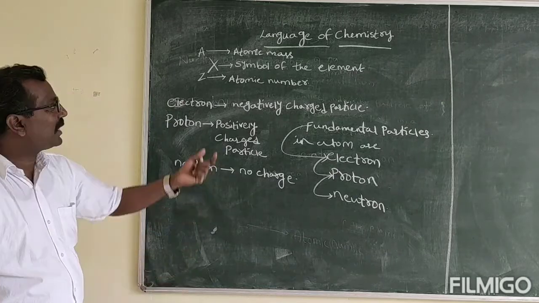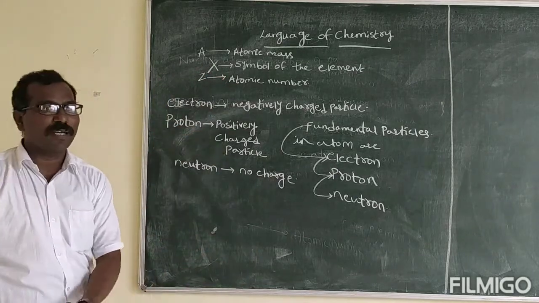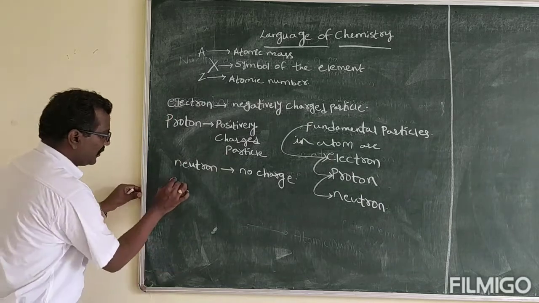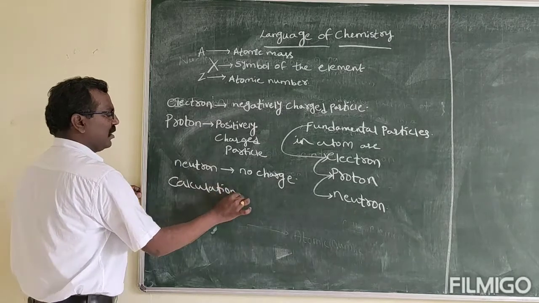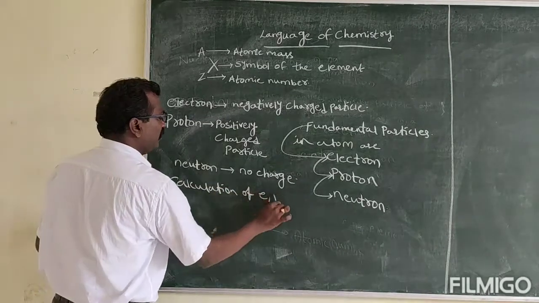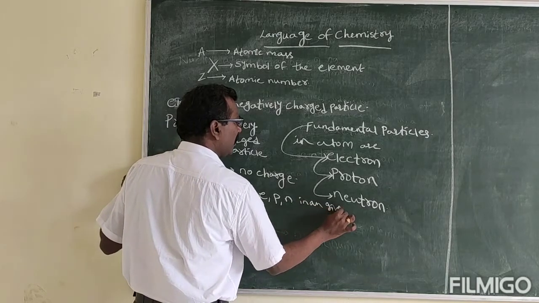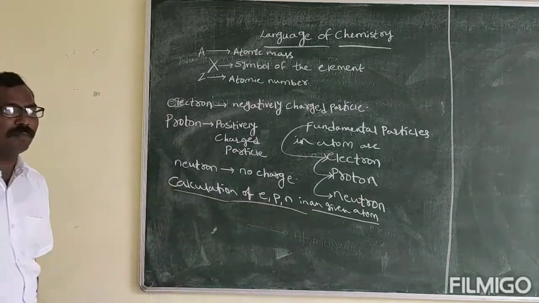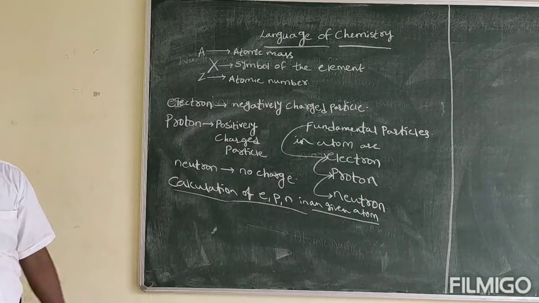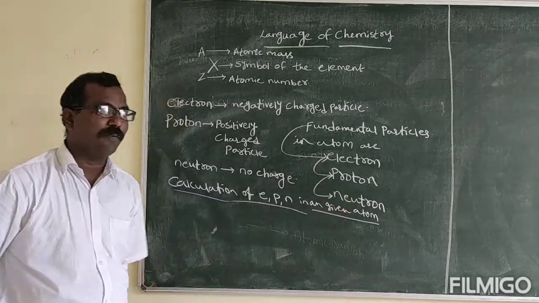Now, how many electrons, protons, and neutrons are present in a given atom? How can you calculate that?